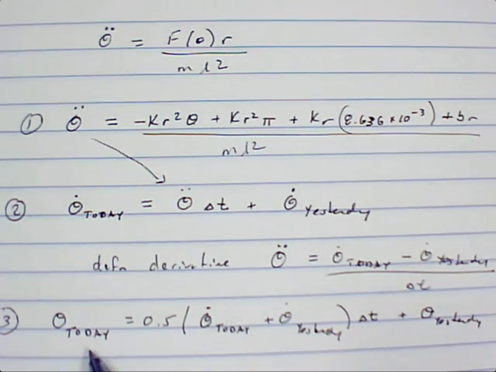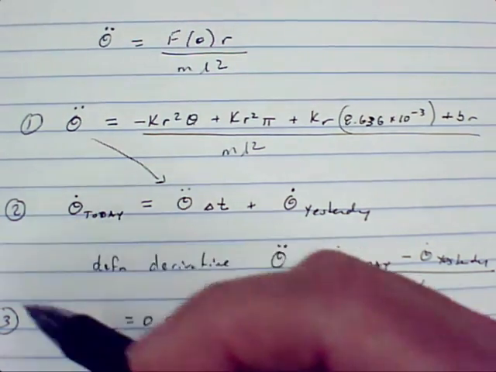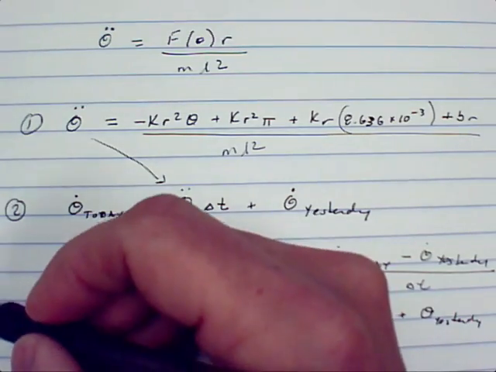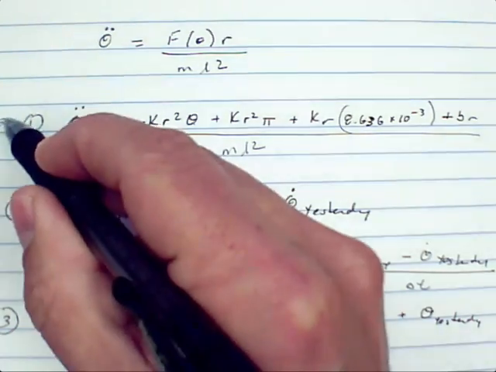So today's position is an average of my velocities times the delta t plus whatever my yesterday's position is.